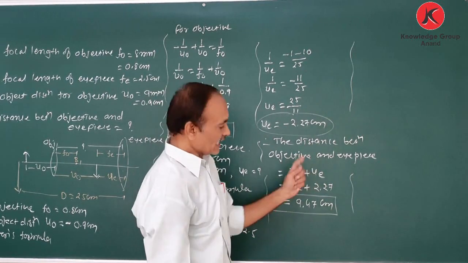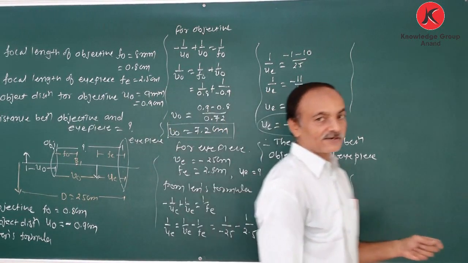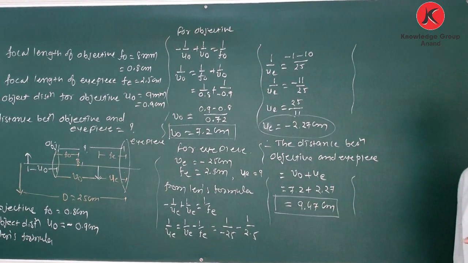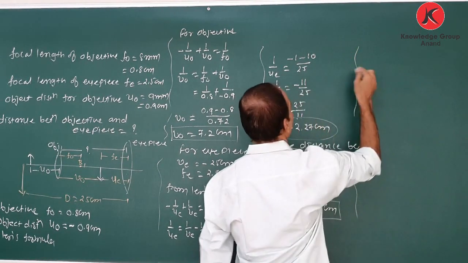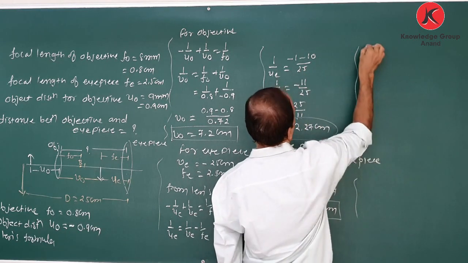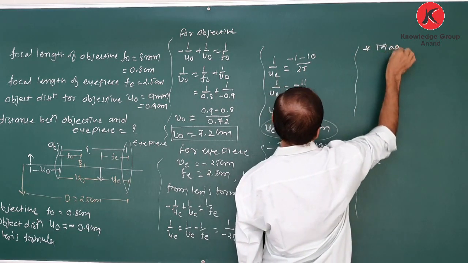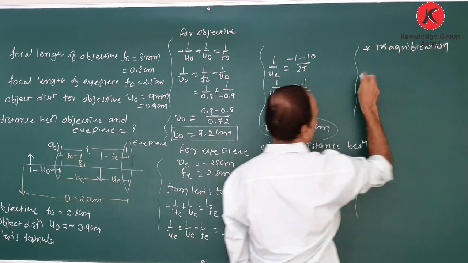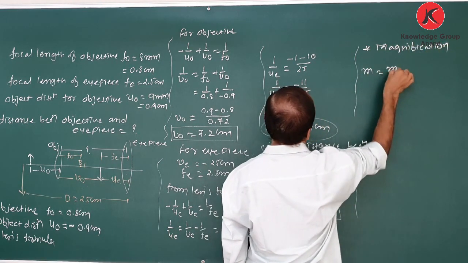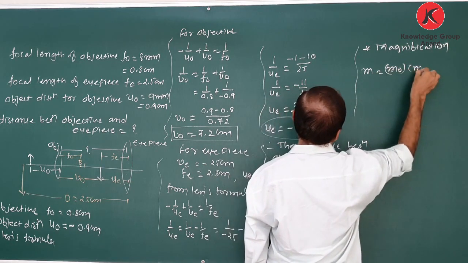Now, the last portion of this numerical is to find out the magnification, the magnifying power of this compound microscope. Therefore, magnification M is equal to MO into ME.